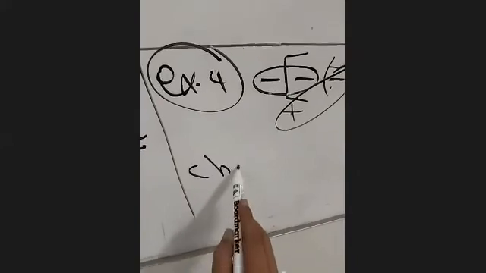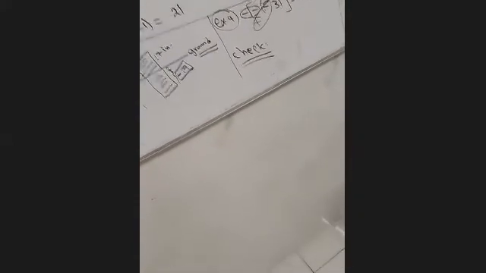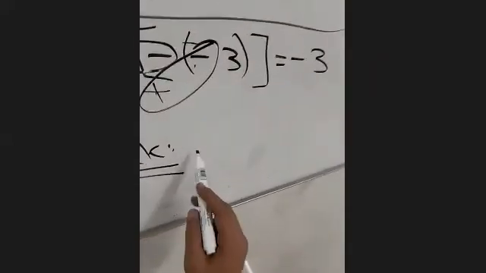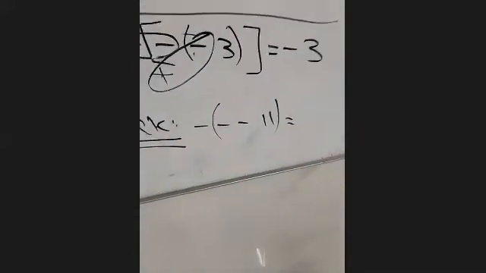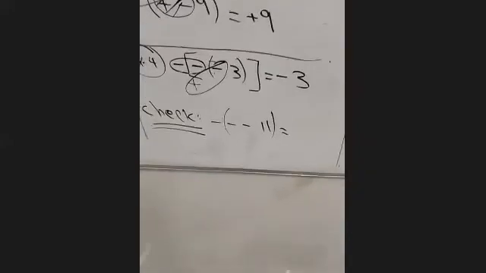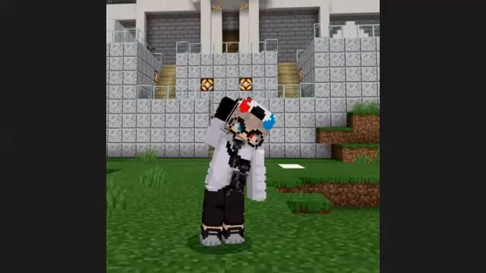Let's see the check under the example. Under the example, we have the check: negative, negative, negative 11. How will I solve this?